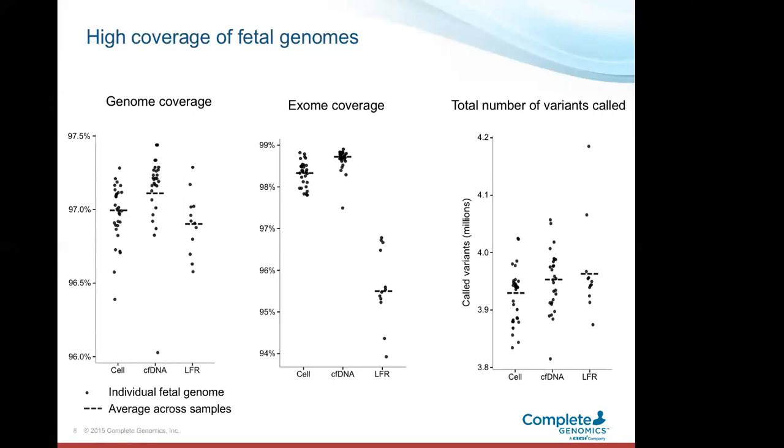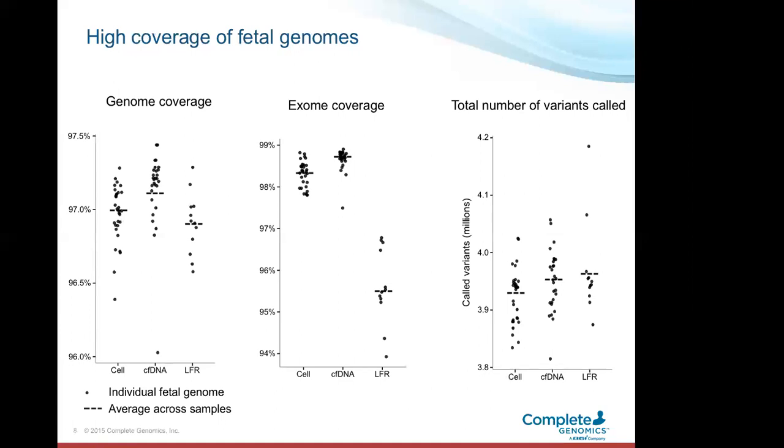We also looked at the total number of variants, including SNPs, small indels, and substitutions. On average, there are about 3.9 to 4 million small variants called in each of these genomes. This number is very close to the total number of variants called in East Asian samples from the 1000 Genomes Project.